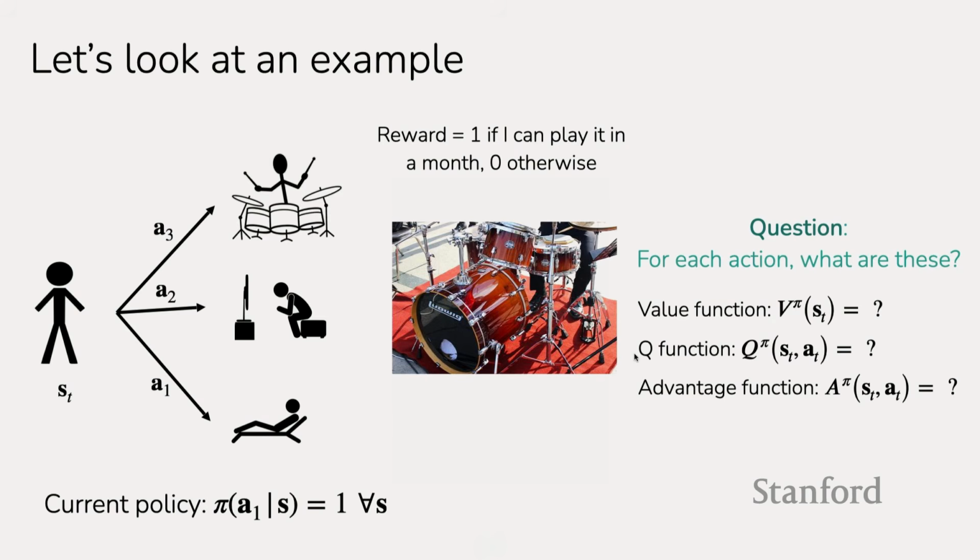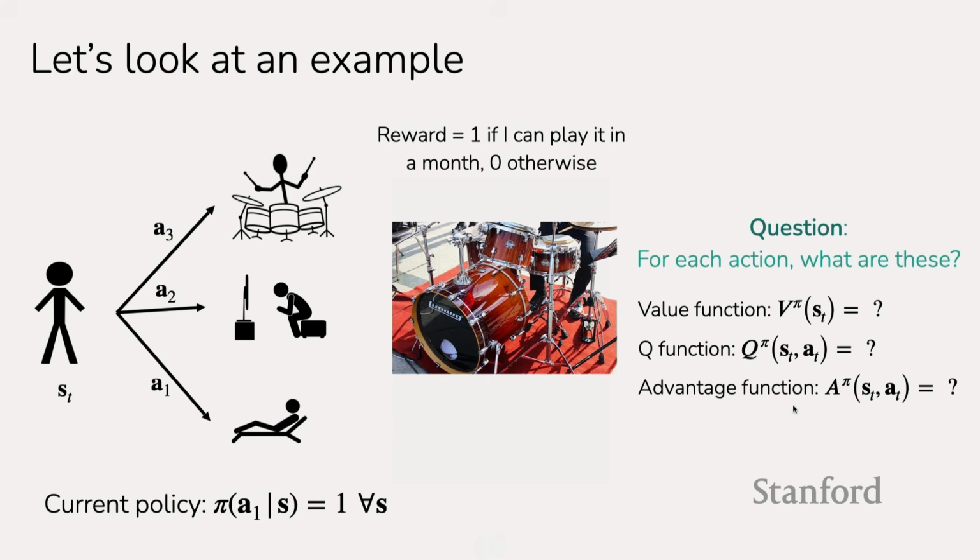What is your Q function if you were to follow each of these actions once and then follow this policy? And then what is your advantage function for the current state that you're in and for each of these actions? You can assume that in the current state, you do not know how to play the drums.